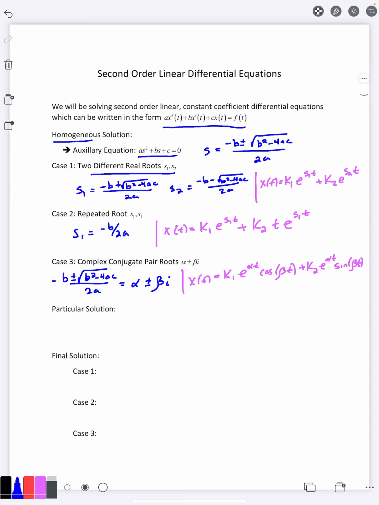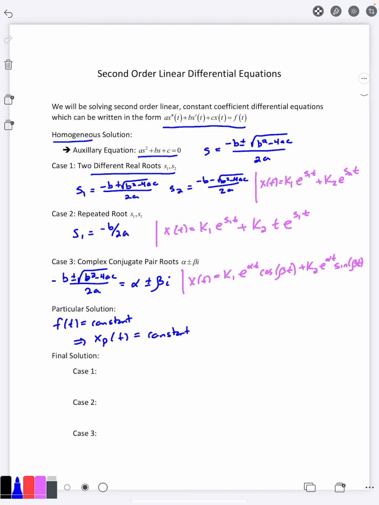Now, for the particular solution, if it's not homogeneous, if the right-hand side is some other function, well, the particular method would depend on what the right-hand side is, but for us, our right-hand side is always going to be a constant. And what that means is my particular solution is also going to be a constant.